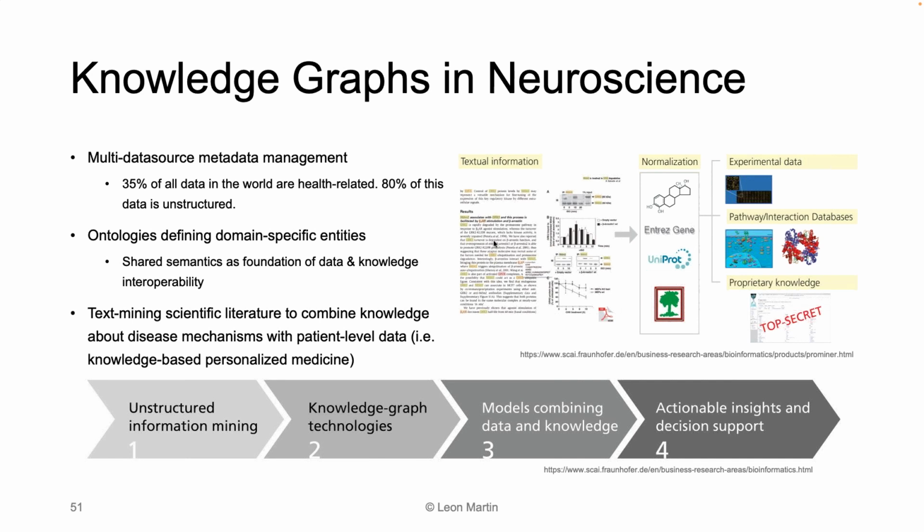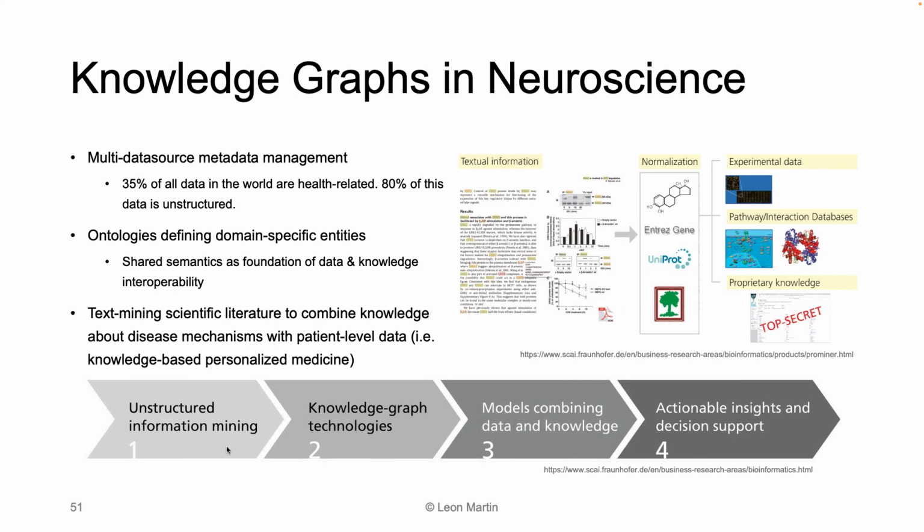And that's what is here. So we have textual information about data, and we can extract the entities and the relationships between those entities directly from the literature, from the textual information. We can normalize it then with ontologies and compare it with experimental data, or build pathway databases, or compare it with pathway databases, or with your proprietary databases, like patient data or something like that, that you can't share publicly on the internet.